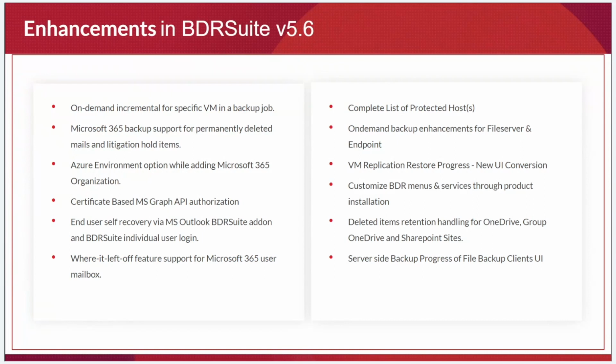Instead of going with an automatic schedule basis, you can run it on your own demand with this enhancement that we have made. And in relation to that, we also have this made even for the hosts, at an incremental level as well as at the additional full backup level.